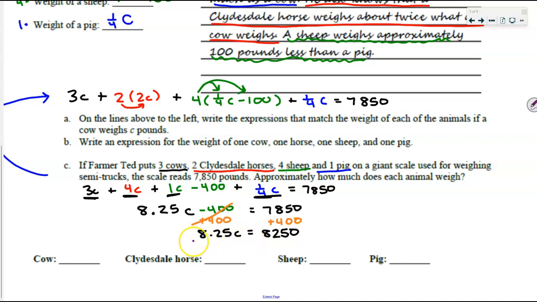C is multiplied by 8.25, so now I'm going to divide by 8.25 and balance it. Same thing on the other side. Definitely out of space, so I'm just going to have to come up here. C is equal to 8,250 divided by 8.25.